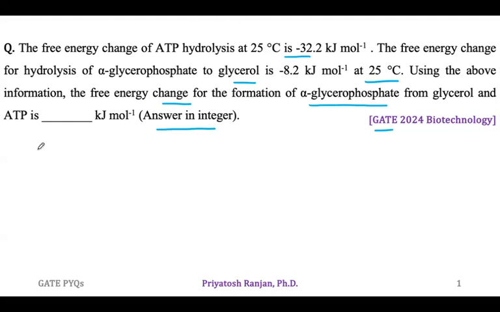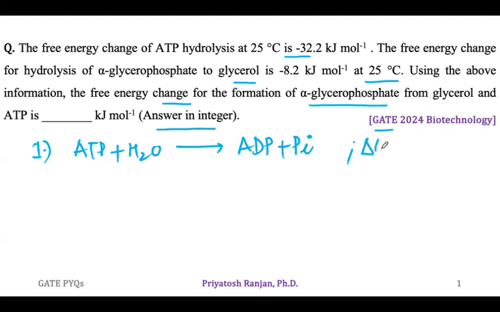So, if we can write these equations, the first reaction is ATP hydrolysis, and the hydrolysis of ATP will generate adenosine diphosphate and inorganic phosphate and some form of energy. And the free energy change for this reaction is minus 32.2 kilojoule per mole.